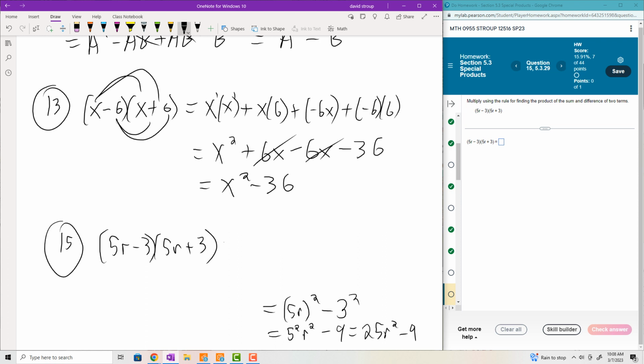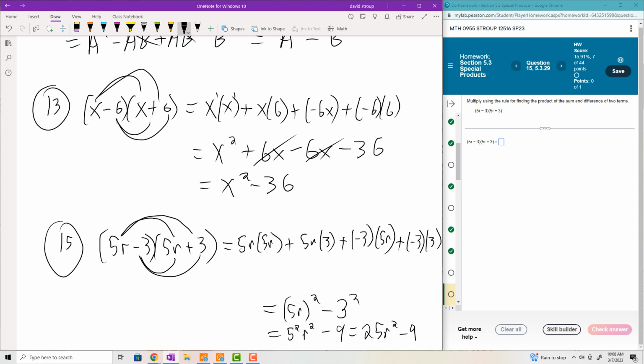But let's go ahead and do it the long way. So first, 5r times 5r, outer plus 5r times 3, inner plus negative 3 times 5r, and then last plus negative 3 times 3.